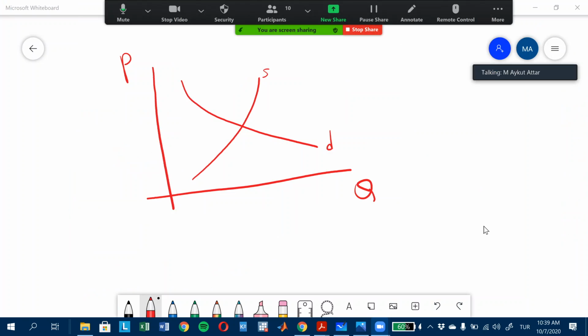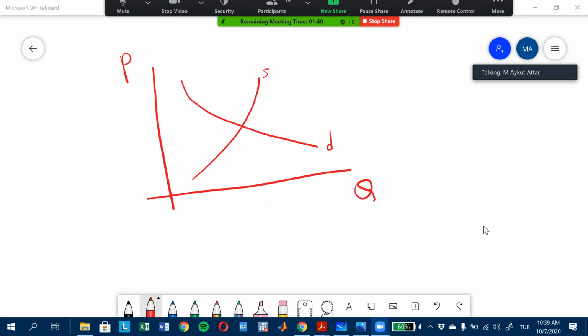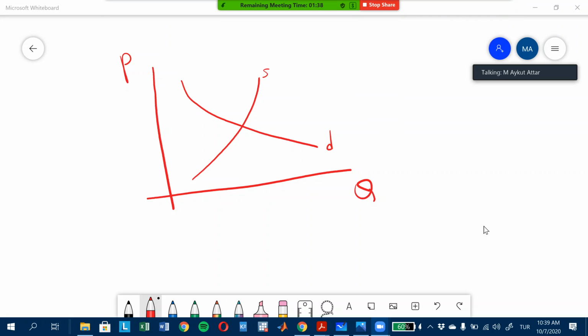So what do you see here? What you see here is what you always saw during your studies, right? So this is a demand and supply figure for a market, right? You have the inverse demand curve, you have the inverse supply curve, right?